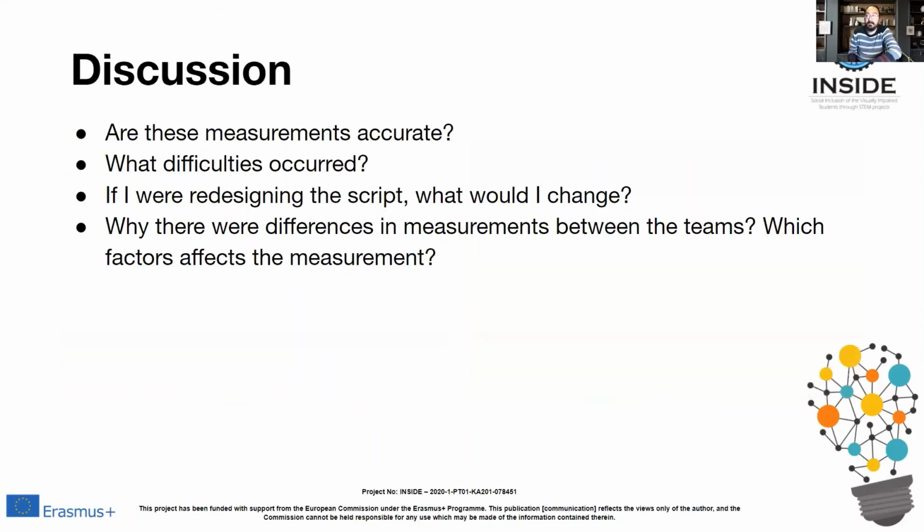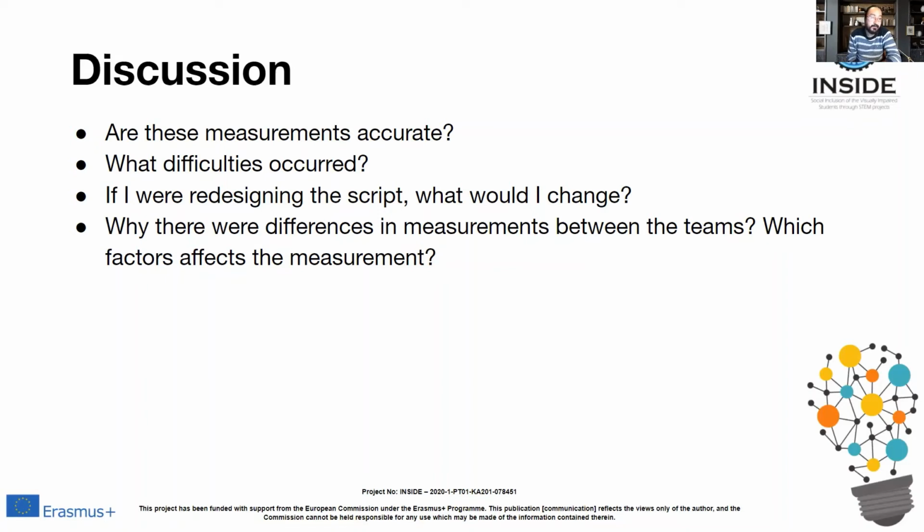The discussion can be around, for example, whether they think the measurements they did, VI or non-VI, were accurate, and what they felt occurred during the experiments. Another idea is we can ask them, if they were to redesign the script by themselves, what would they change?